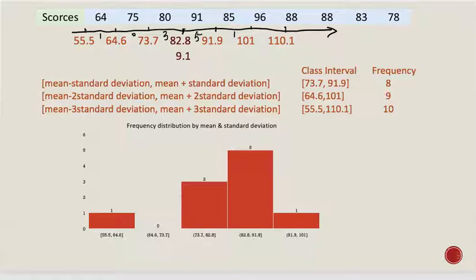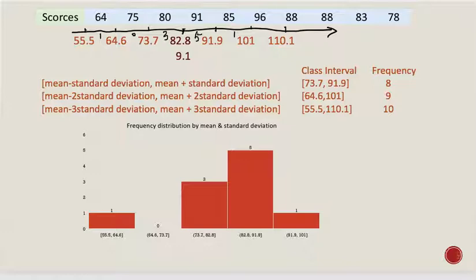We also can summarize it. 8 data points fall into this category. What is this category? This is the mean, the boundary. The left boundary is the mean minus 1 standard deviation. The right boundary is the mean plus 1 standard deviation.